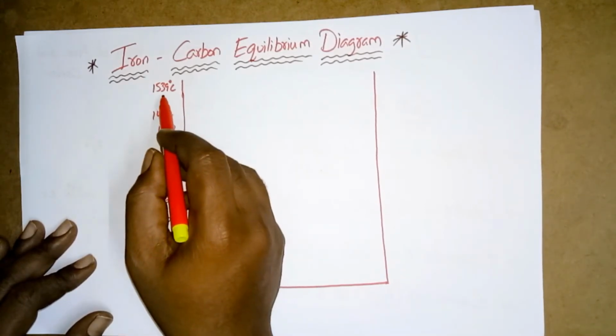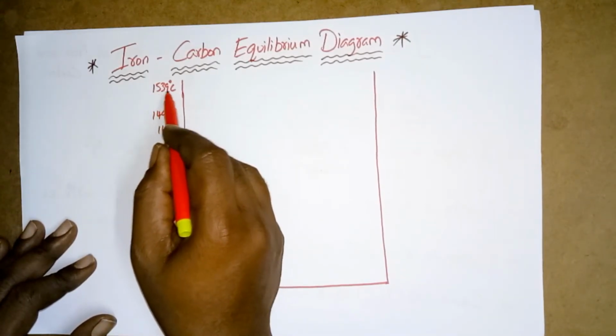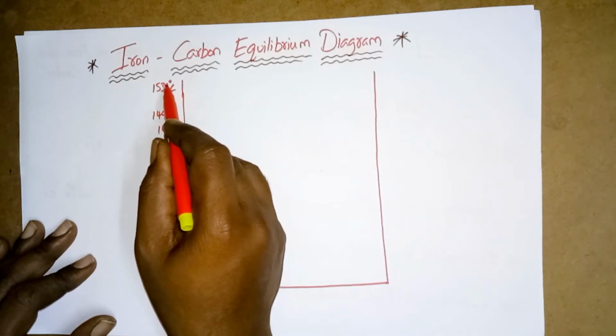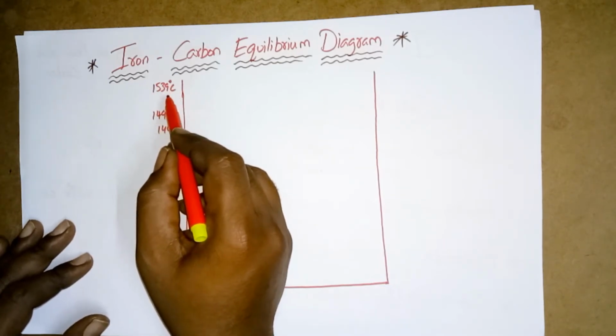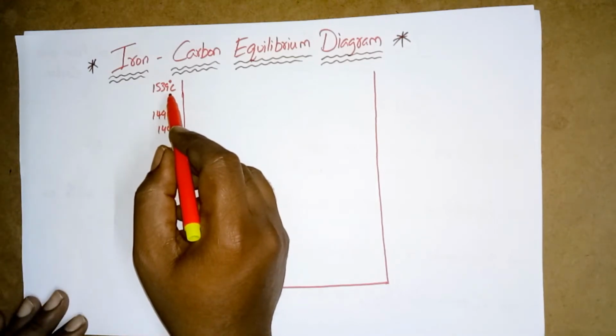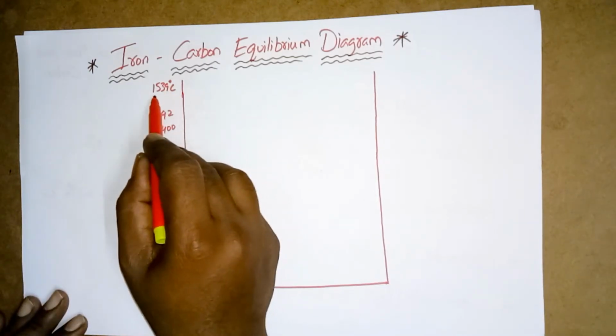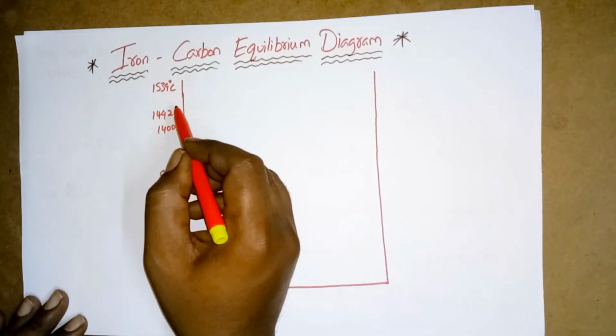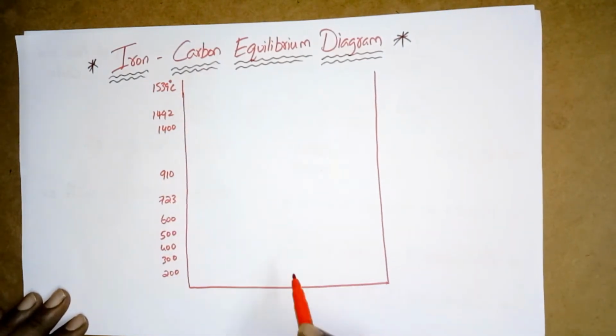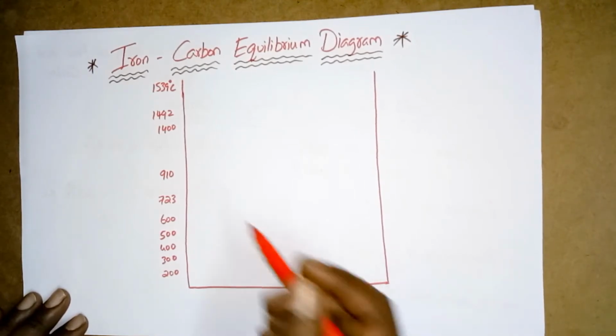See, friends, we know iron melts at 1539 degrees centigrade. The melting temperature for iron is 1539 degrees centigrade. So from this point we will start the iron carbon equilibrium diagram.